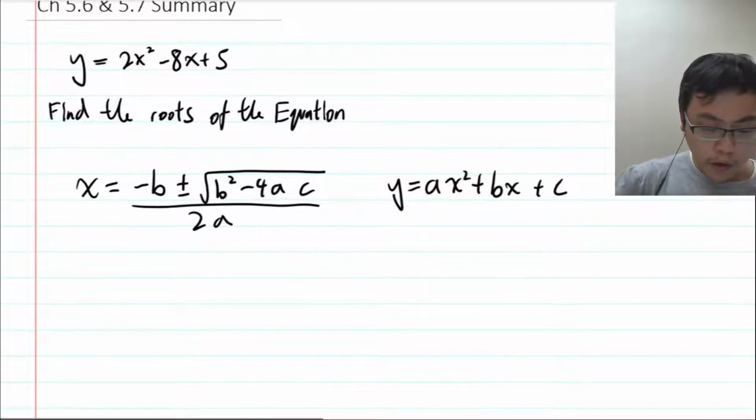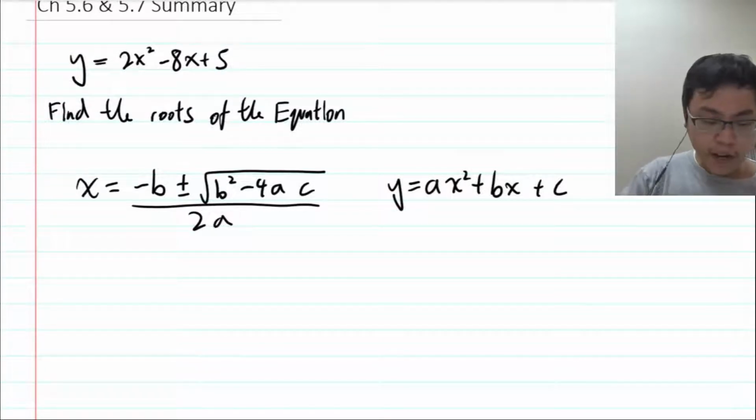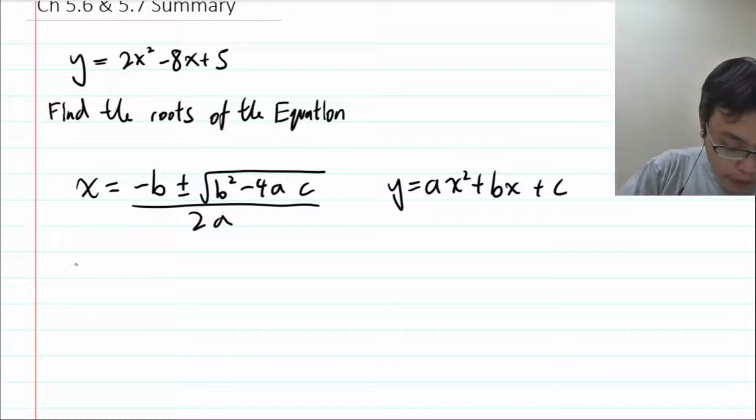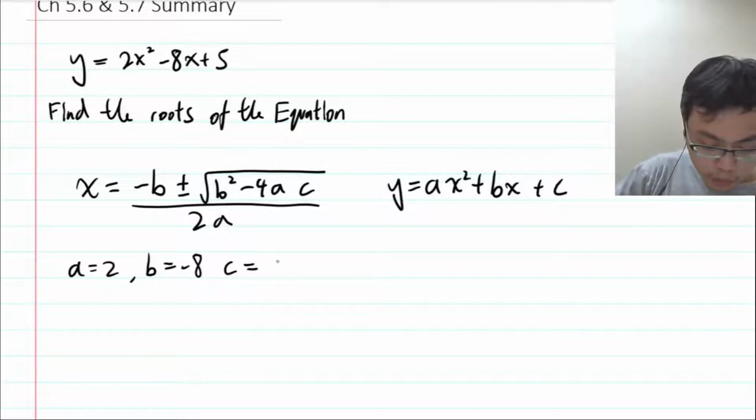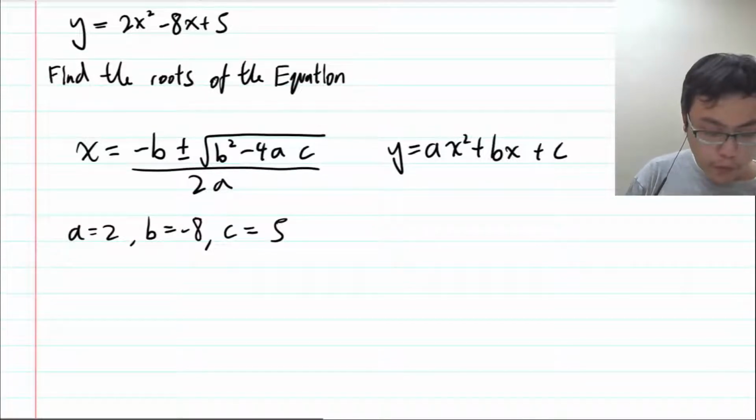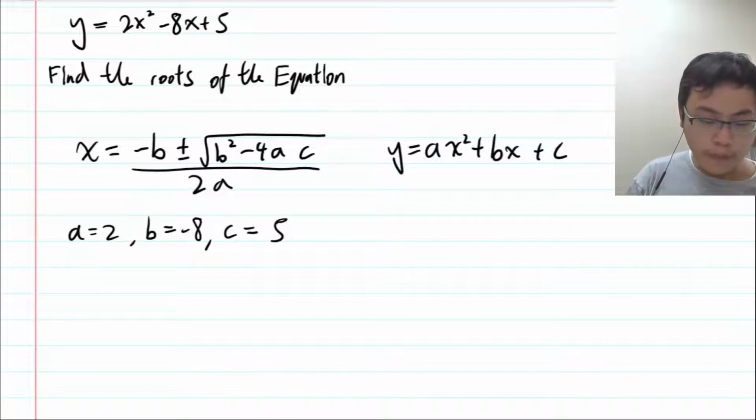So if we look at our question, we have 2x squared minus 8x plus 5. So I would say a is equal to 2, b is equal to negative 8, and c is equal to 5. Okay, so all we have to do is substitute in these values and we'll be able to find the roots.